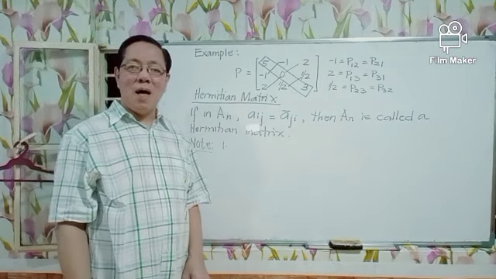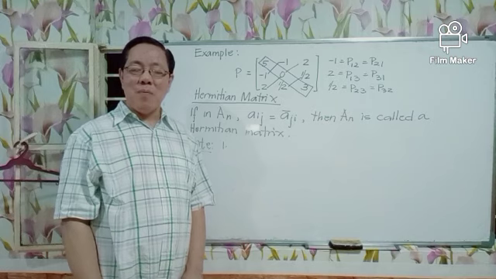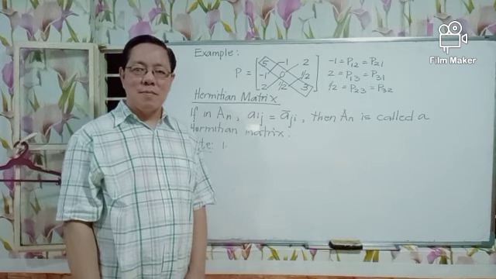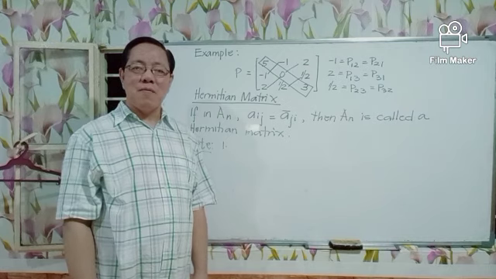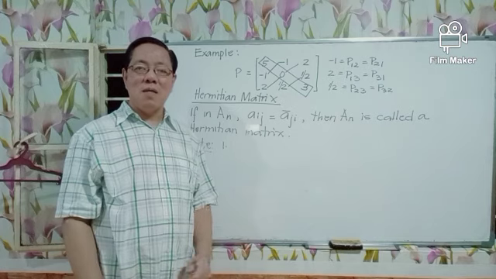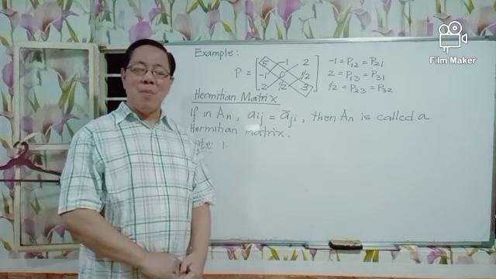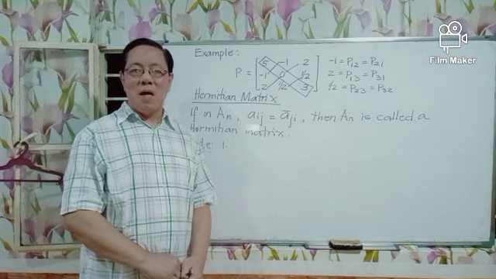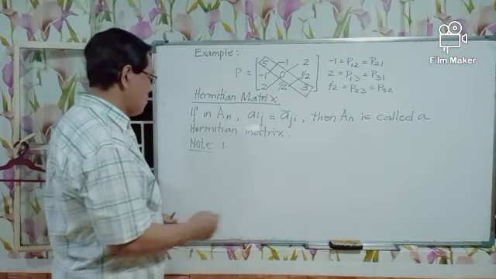And we usually have conjugates if the entries of the matrix are complex numbers. If you recall, if the complex number is a plus bi, then the conjugate of this complex number a plus bi is a minus bi.